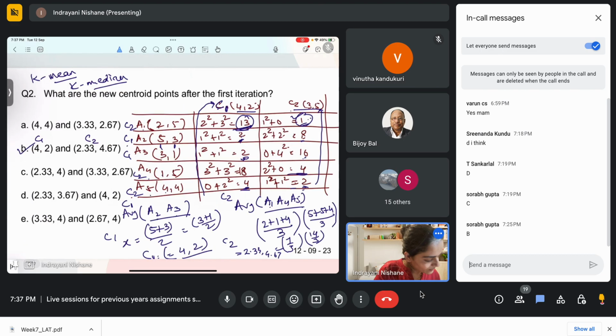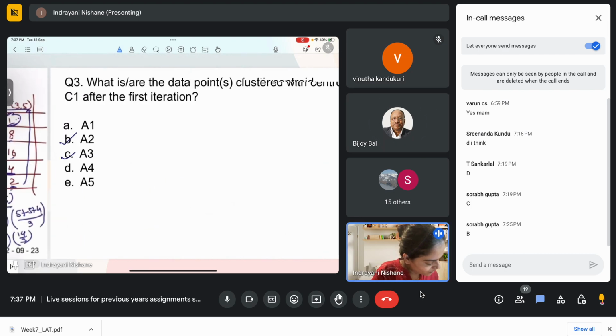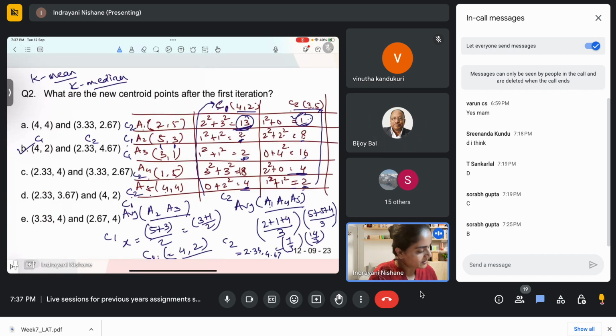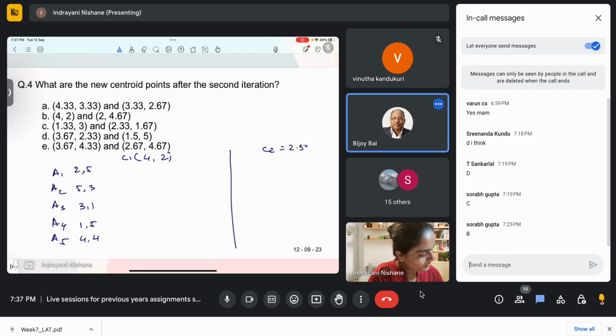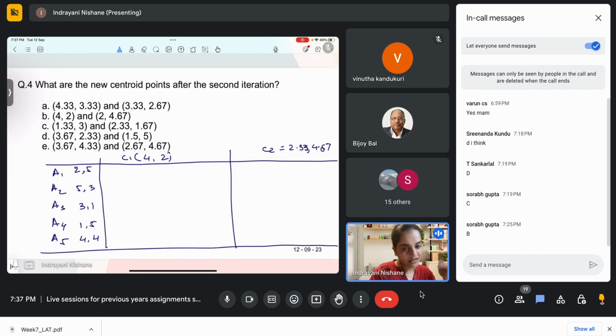C1 was 4 comma 2 and C2 was 2.33 comma 4.67. Now we need to calculate the distance again using the same Euclidean distance, the square of the differences.